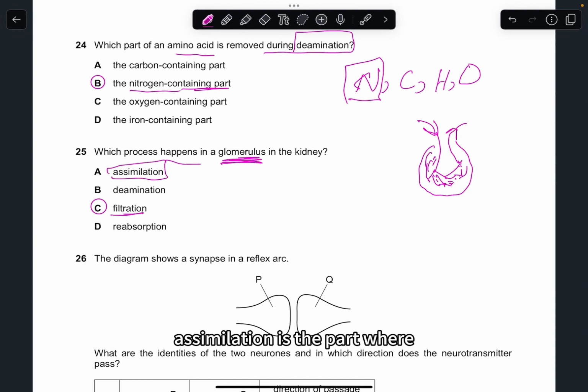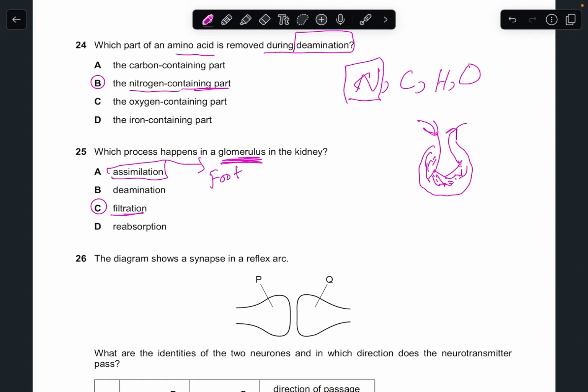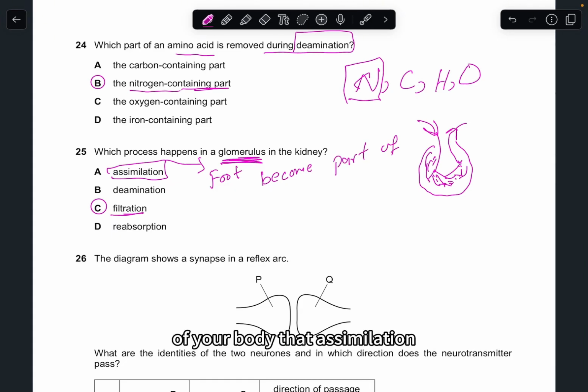Assimilation is the part where the food becomes part of your body. Deamination is the process that we talked about, removal of nitrogen. Filtration happens here.